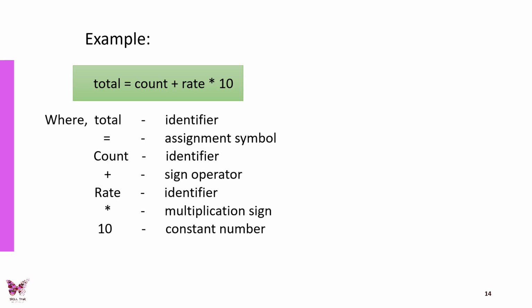That means total is the identifier, equal to is the assignment symbol, count is the identifier, plus is the addition operator, rate is the identifier, star is the multiplication sign, and the number 10 is the constant. The blank characters used in the programming statement are eliminated during the lexical analysis phase.